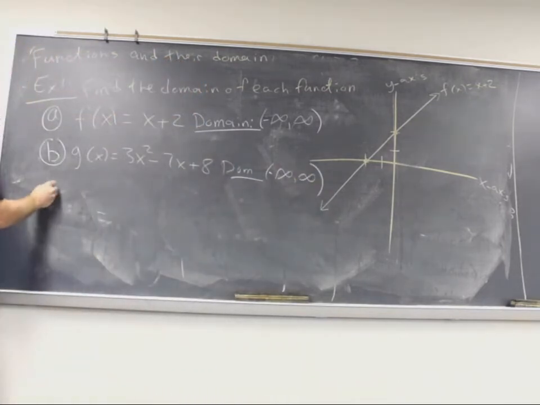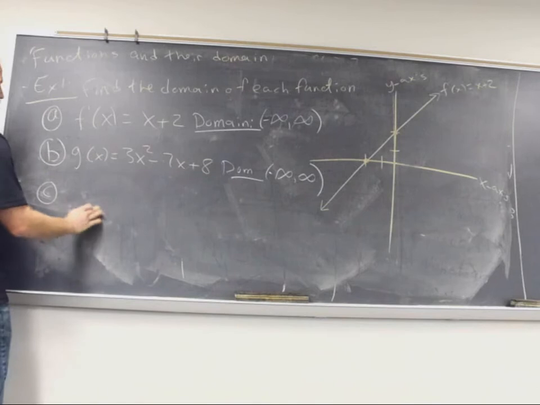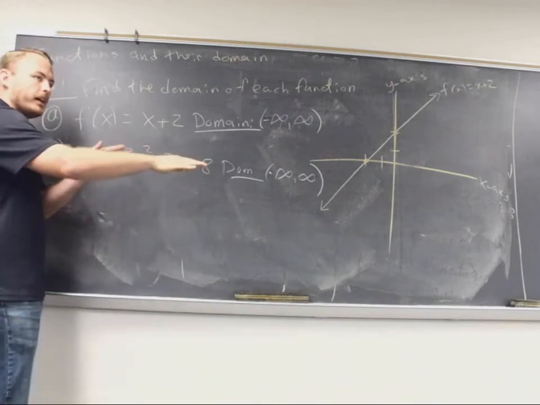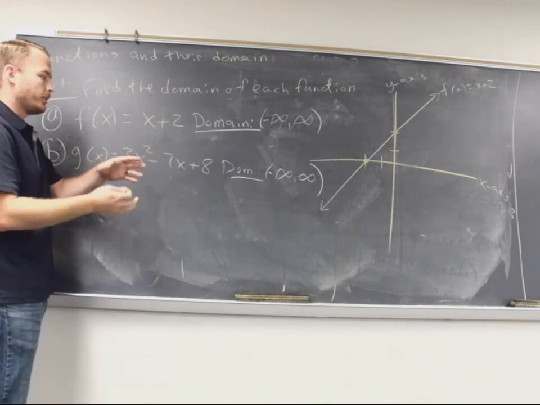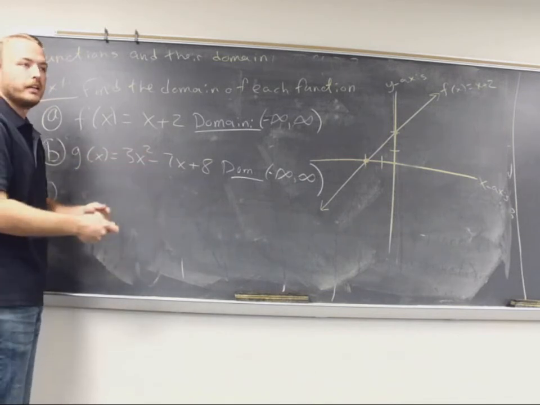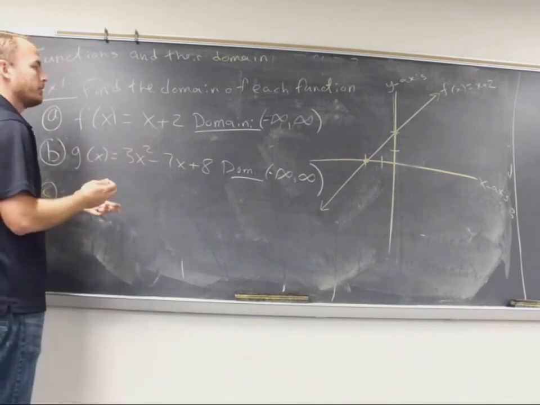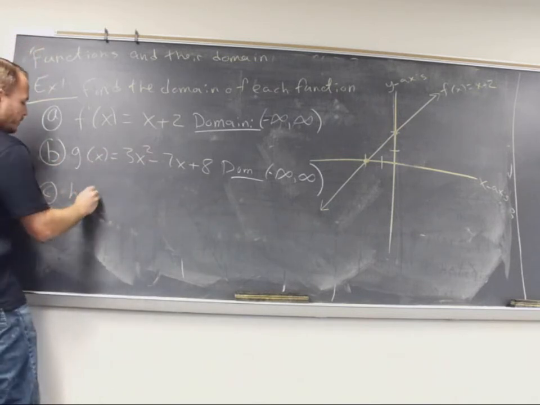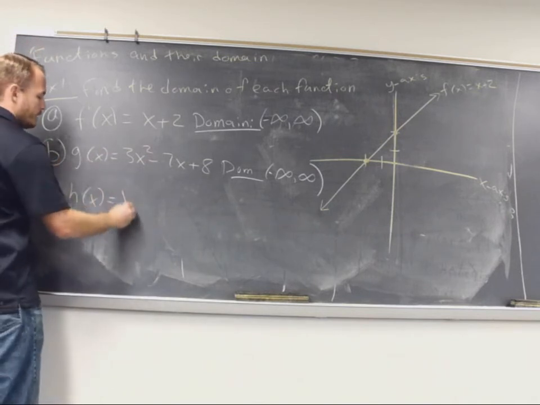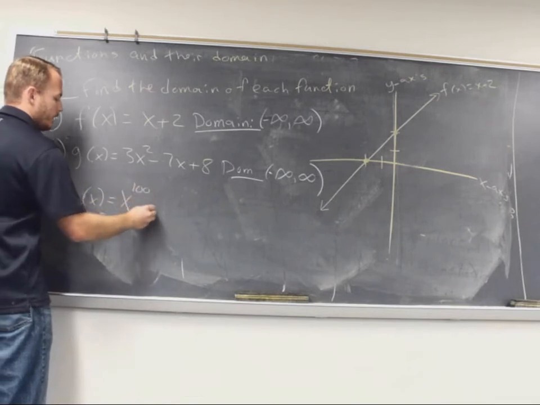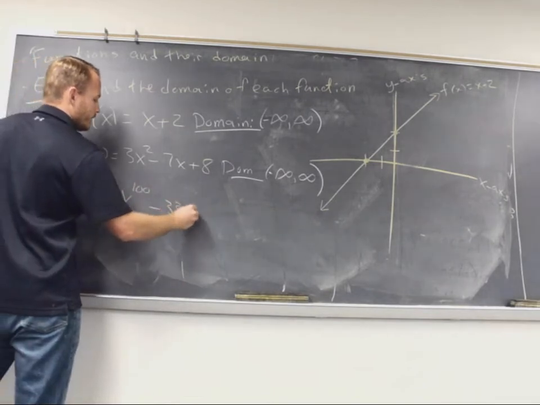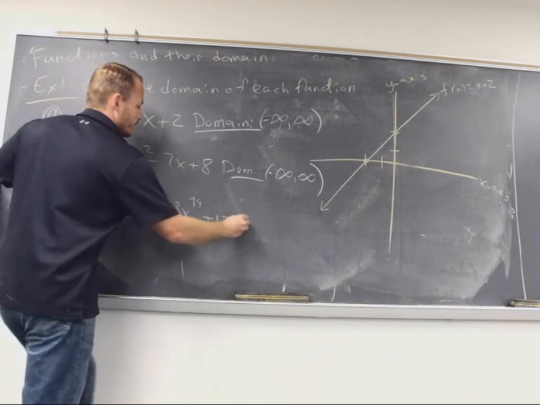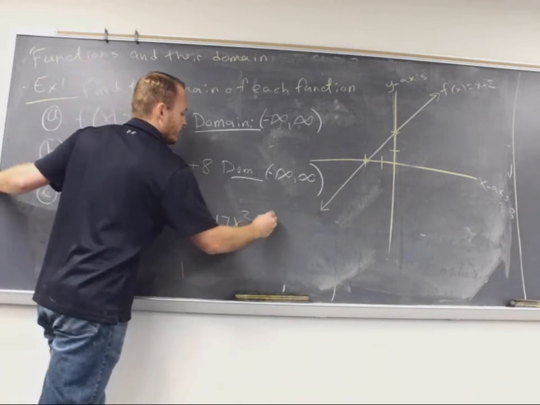And you can step it up a notch, and you can make these things as big and as large as you want, as long as they're all on one line. That you don't have a denominator with a variable in it. You don't have a square root. You don't have fractions in the exponents. H of x, you could have something like this: x to the 100 power minus 33x to the 99th power plus 17x squared minus 13.